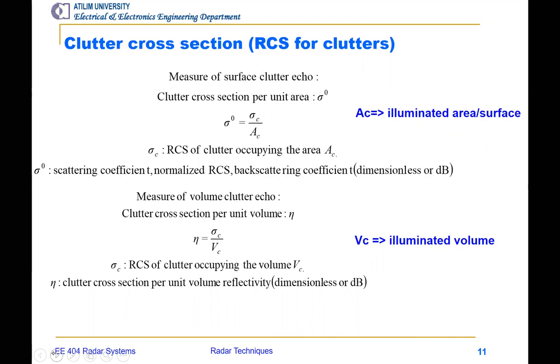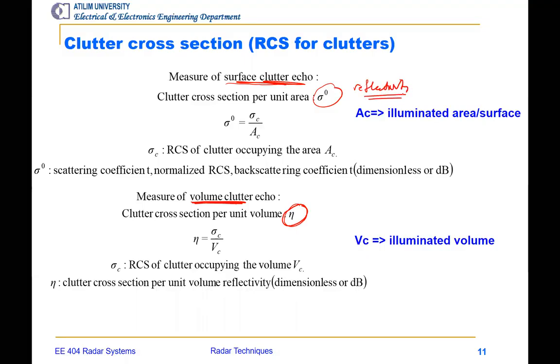Before that, we talk about metrics. There are two types of clutter that we'll be talking about in this slide: surface clutter and volume clutter. And there are two parameters for that: clutter cross-section per unit area and clutter cross-section per unit volume, so in 2D and 3D. These are dimensionless parameters, just like reflectivity.